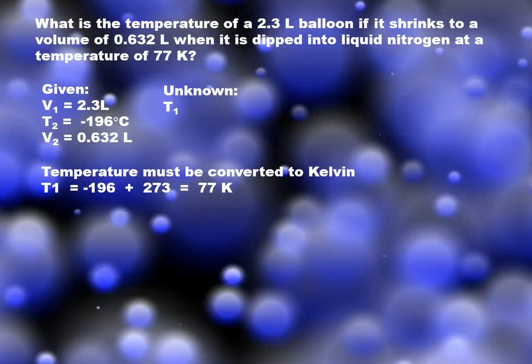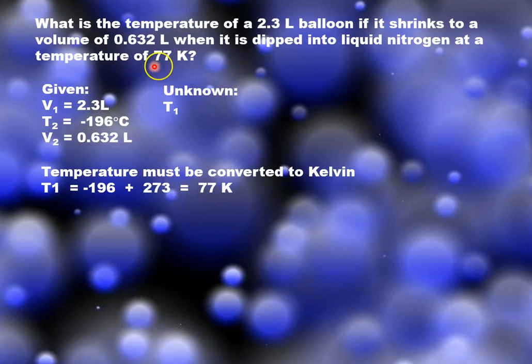Before we do anything else, remember that our temperature has to be in Kelvin, okay? And so we have negative 196 degrees Celsius. We add 273 to it and we get 77 Kelvin.